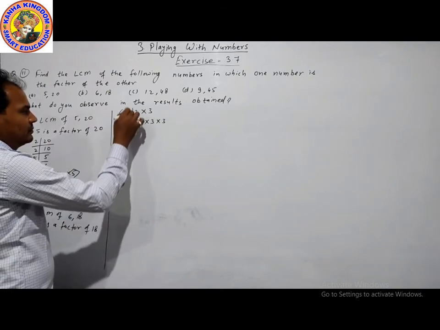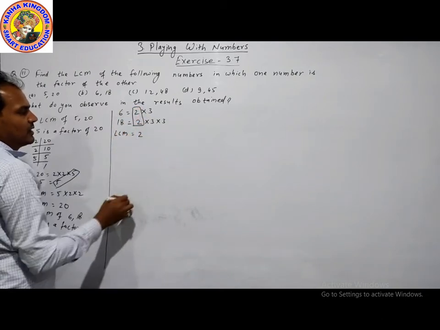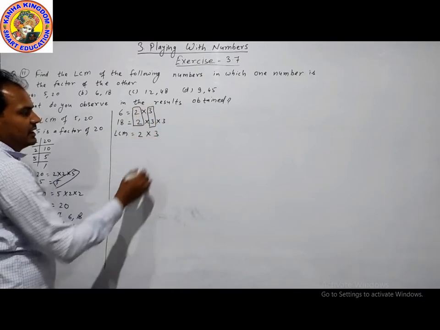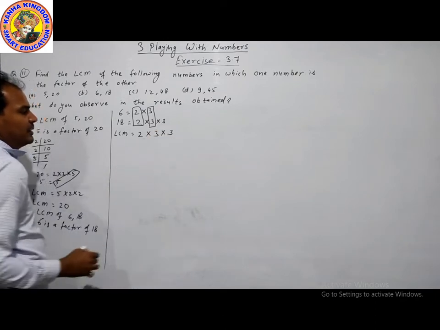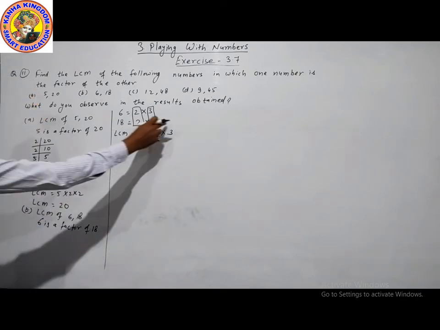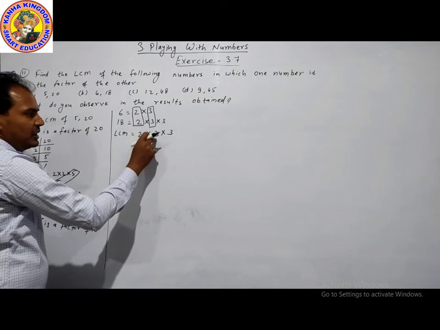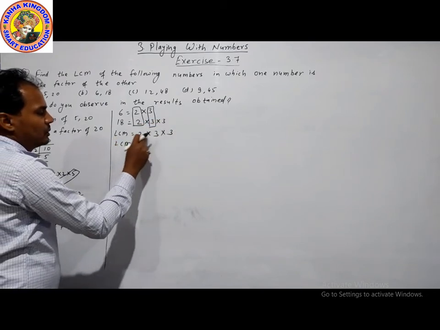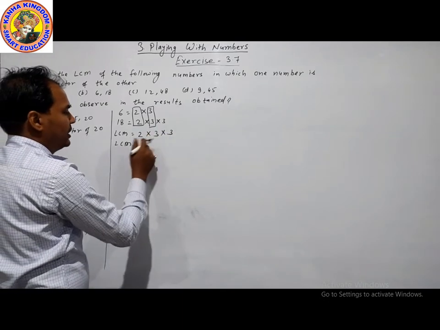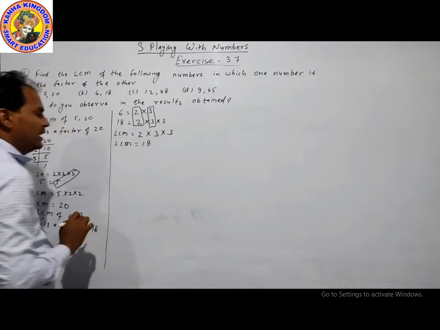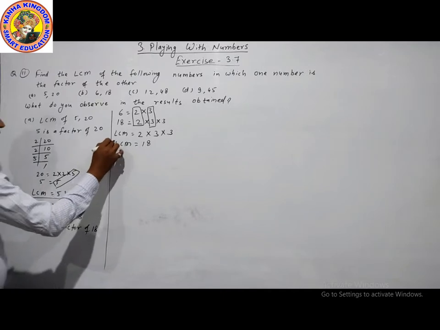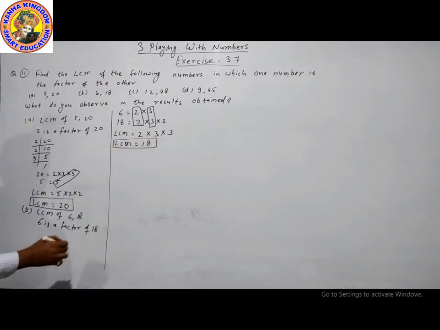LCM. Common factor 2, next common factor 3. Now remaining factor is 3. So LCM is 2 into 3, 6, 6 into 3, 18. The first LCM is 20, second LCM is 18.